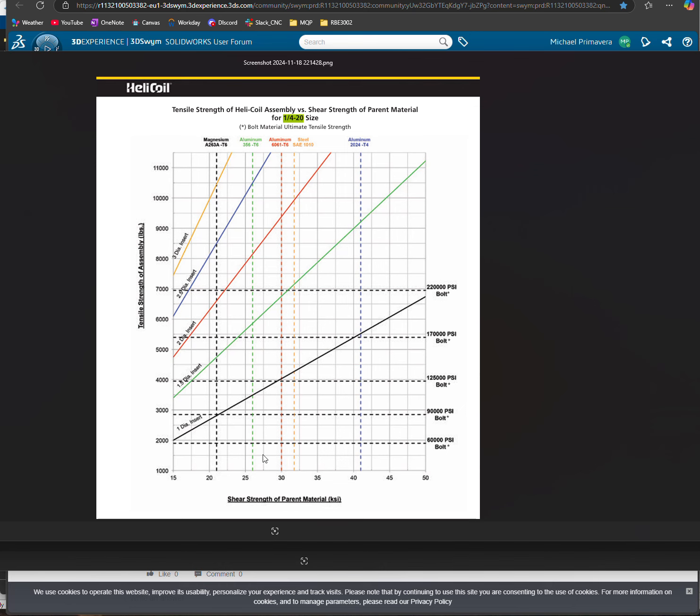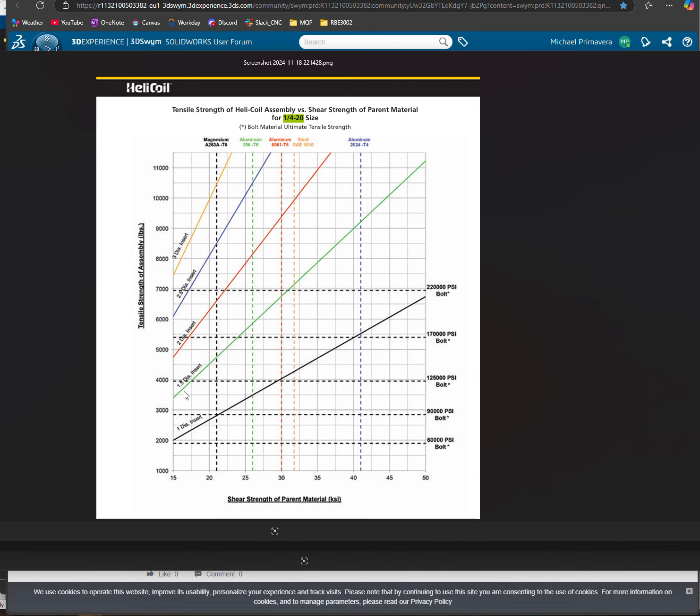The material we're inserting the HeliCoil into is 6061-T6 aluminum. You follow this line until it intersects the length of the helical that you're using.